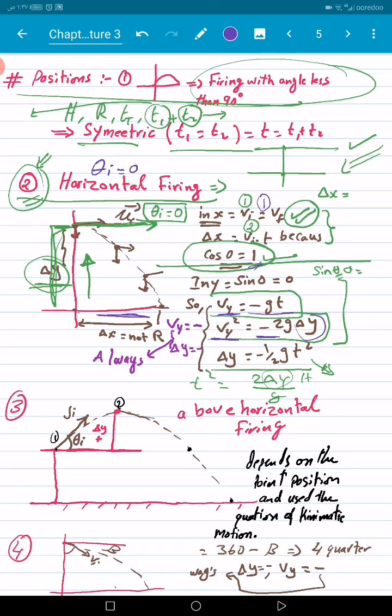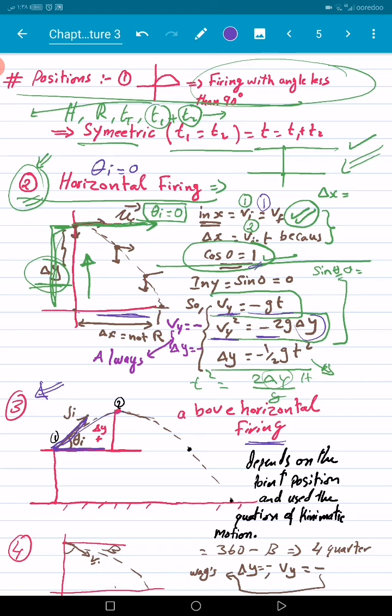Delta y is equal to minus half g t squared. Now there's the second position, when I'm firing above the horizon. So that is the horizon, and I'm firing above.